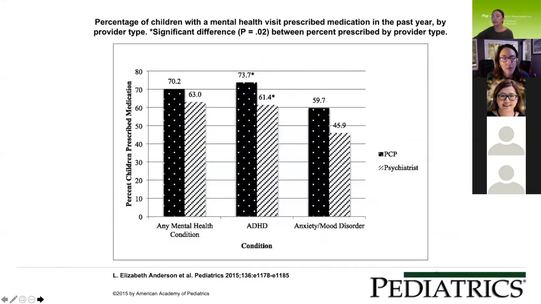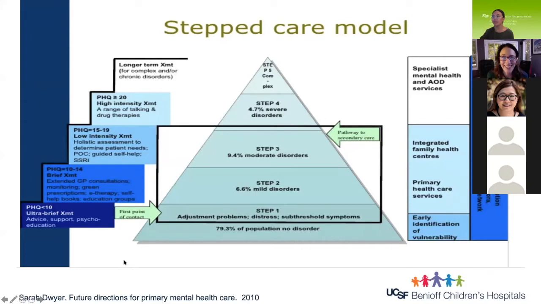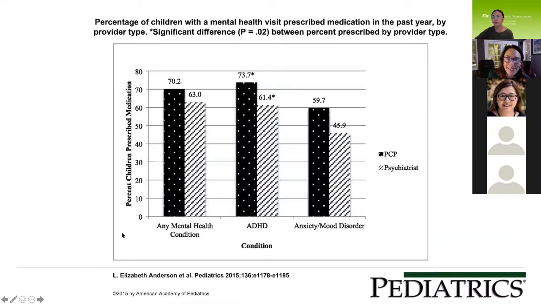In terms of overall prevalence of different conditions, we know that looking at depression in teens right now, the estimated prevalence is between 10 and 18%. So not everyone is going to fall into the more significant severity category. Anxiety also has different levels of severity and can be seen sometimes just in primary care. Next slide, please.